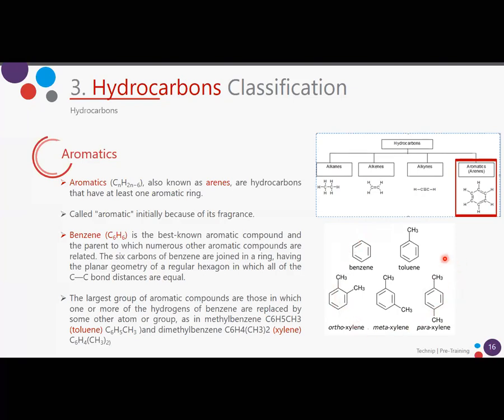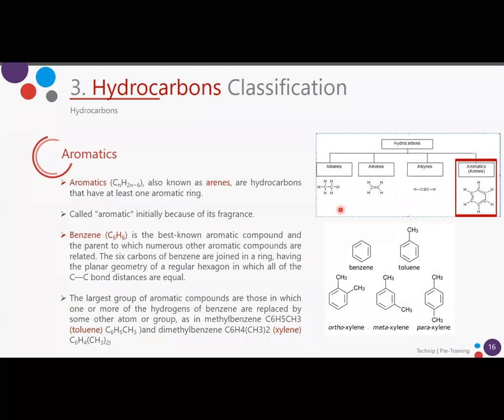So in some refineries, you have a very close petrochemical industry where you can further manufacture petrochemicals based on these aromatics. So we have seen the main hydrocarbons.